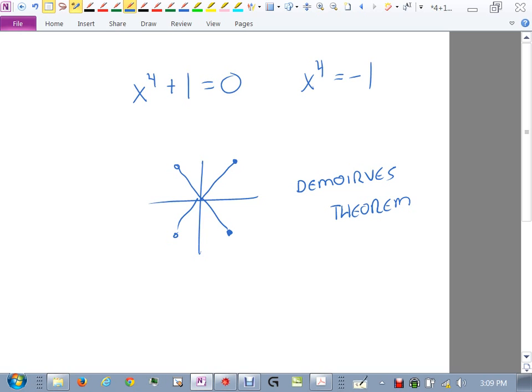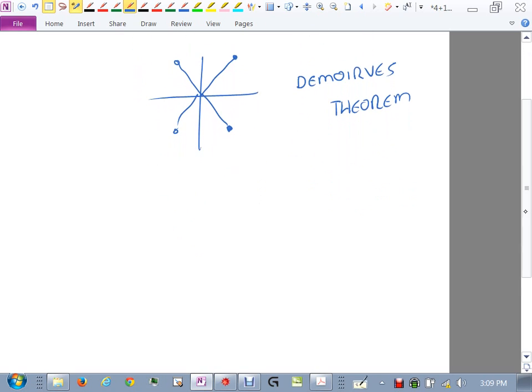I'm getting way off topic here, and I don't want to do that. The fundamental theorem of algebra says that a polynomial of degree n has exactly n solutions. Some of them may be complex, some of them may not, period. The way you find them is a little bit tricky. That theorem that you had in pre-cal will do it, and I don't want to go any further than that. Take a complex variables class and you'll see more of that.